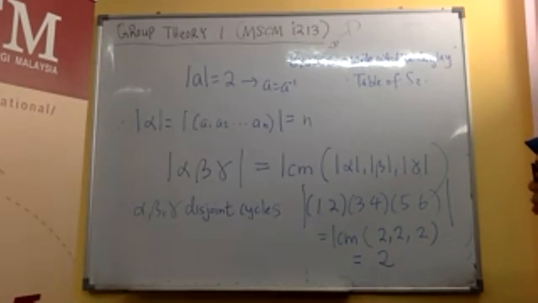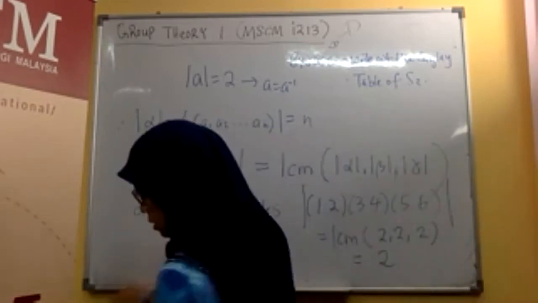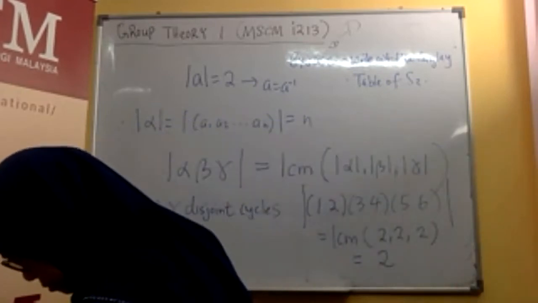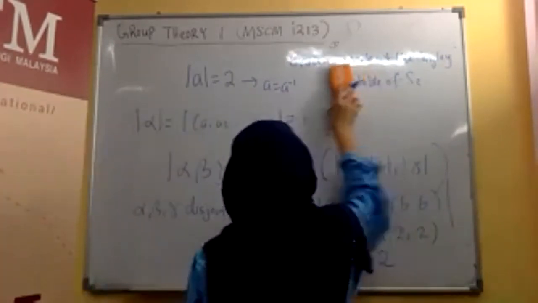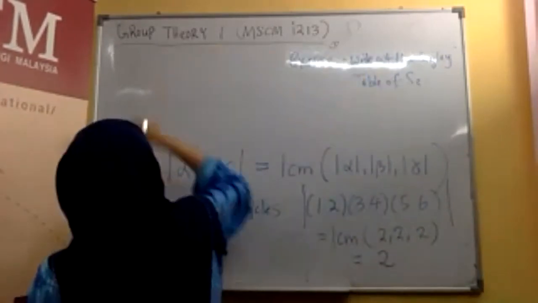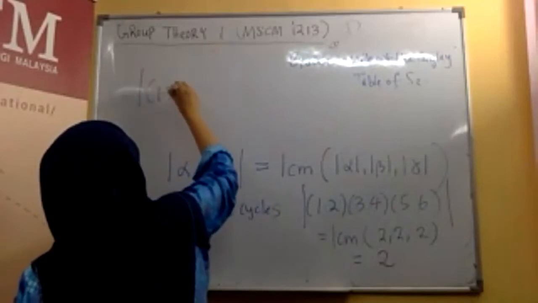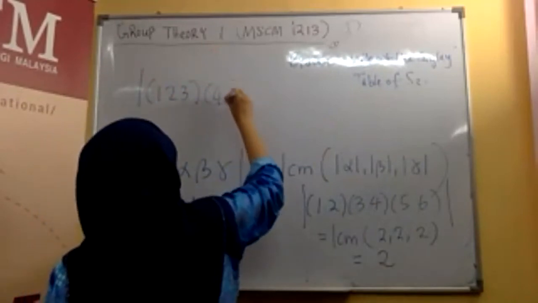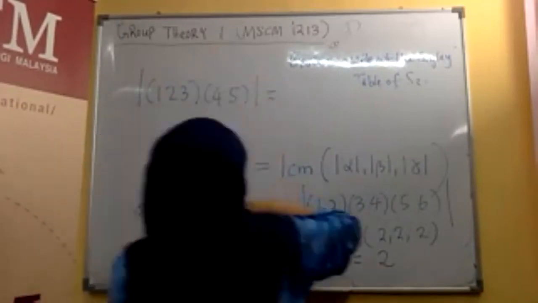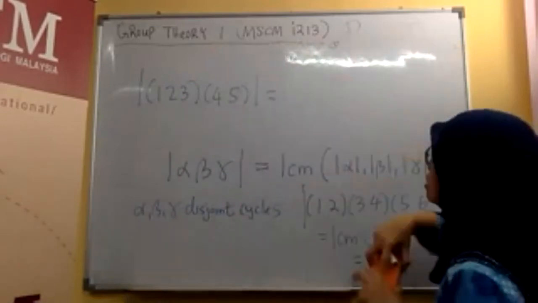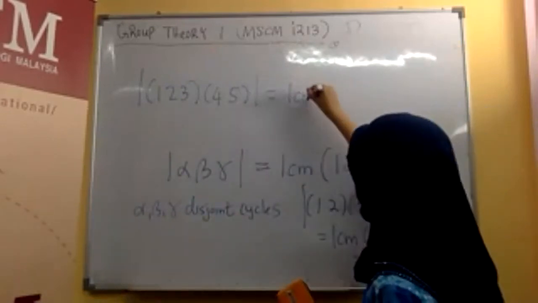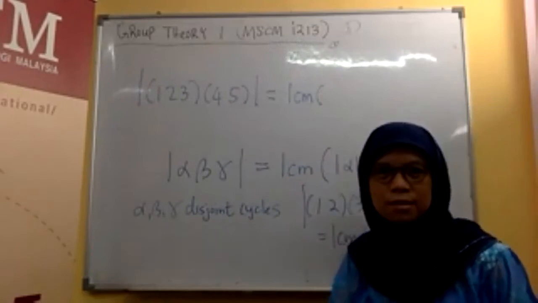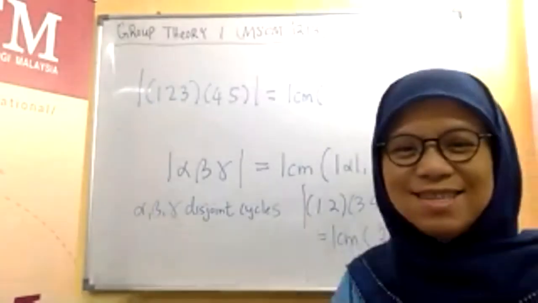If you have something like this, what is the order of (1, 2, 3)(4, 5)?